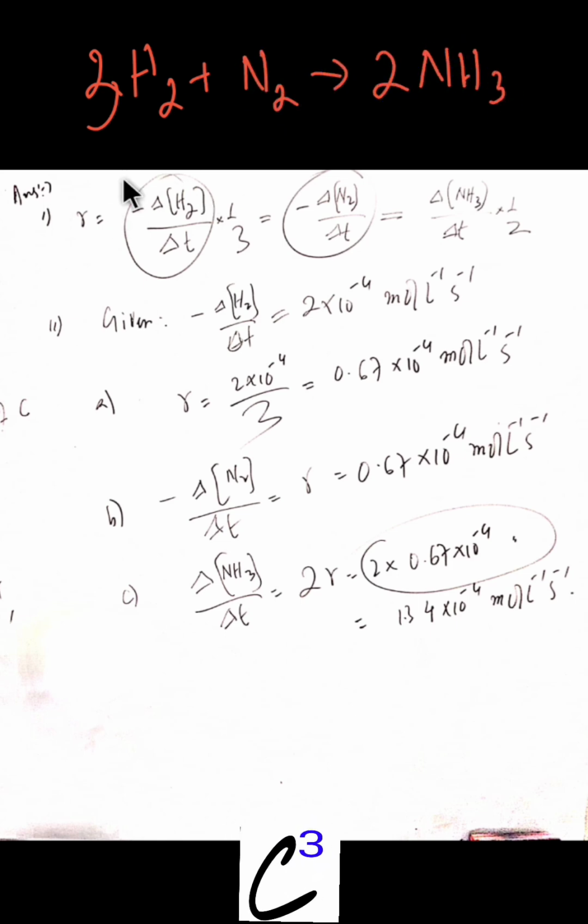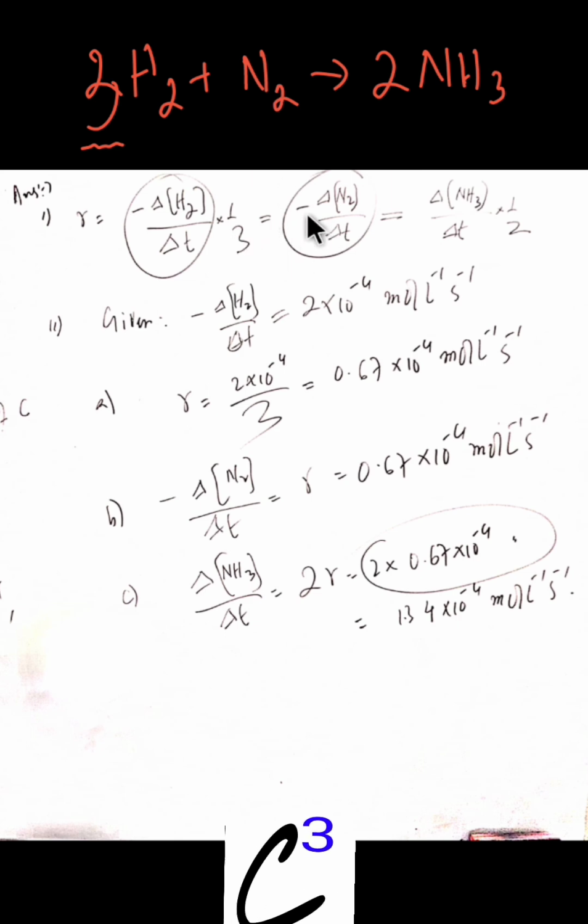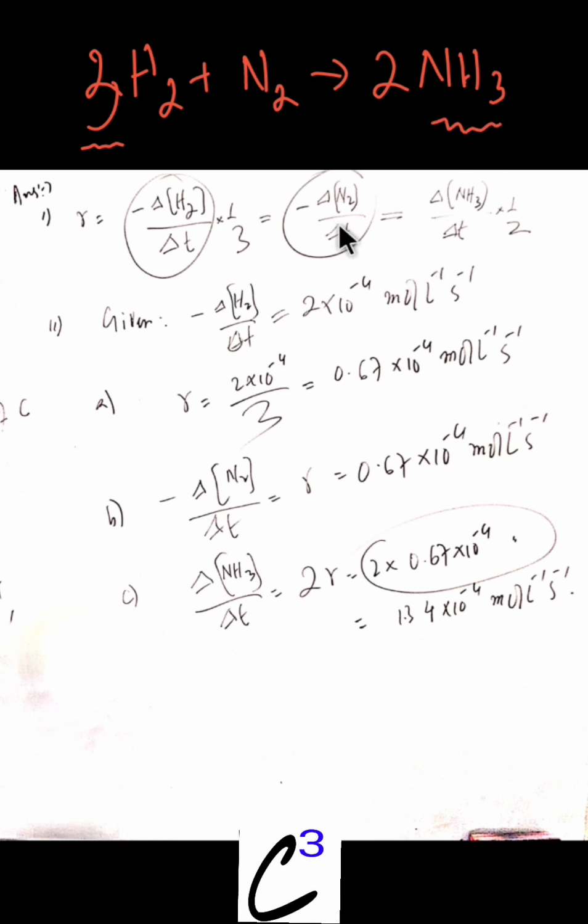The expression of rate will be R equal to minus delta H2 by delta T divided by the stoichiometric coefficient 3, and in terms of the reactant N2, this will be equal to minus delta N2 by delta T, and in terms of the product NH3, this rate will be equal to delta NH3 divided by delta T multiplied by 1 by 2. 2 is the stoichiometric coefficient of NH3.